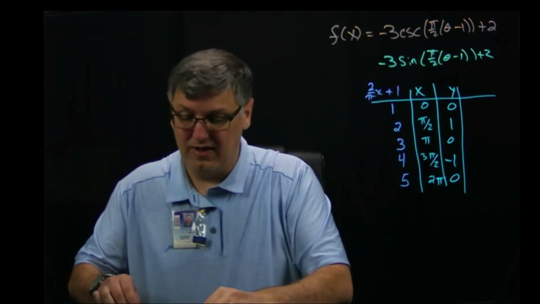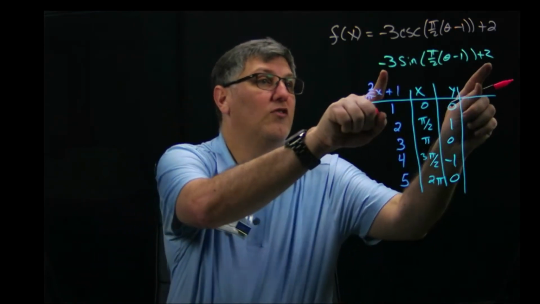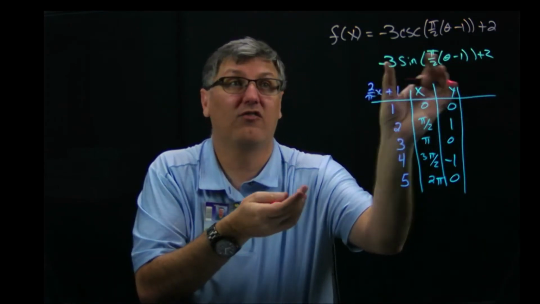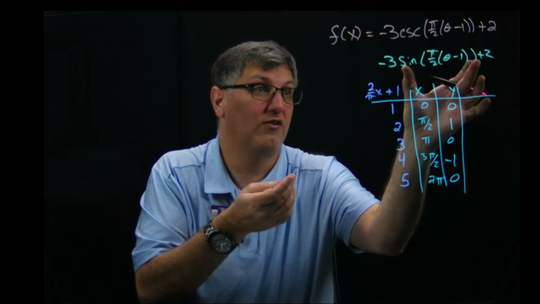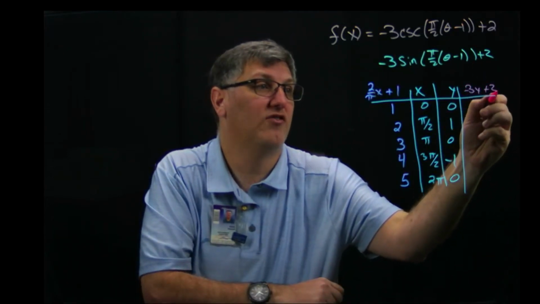Now we need to do my y mapping. My y mapping is what's on the outside. Think of this whole thing as your y, like f of x, which is a y value. It becomes -3y plus 2.